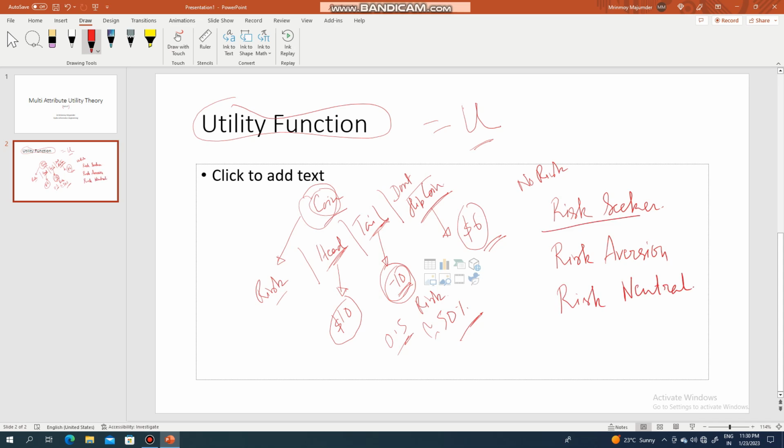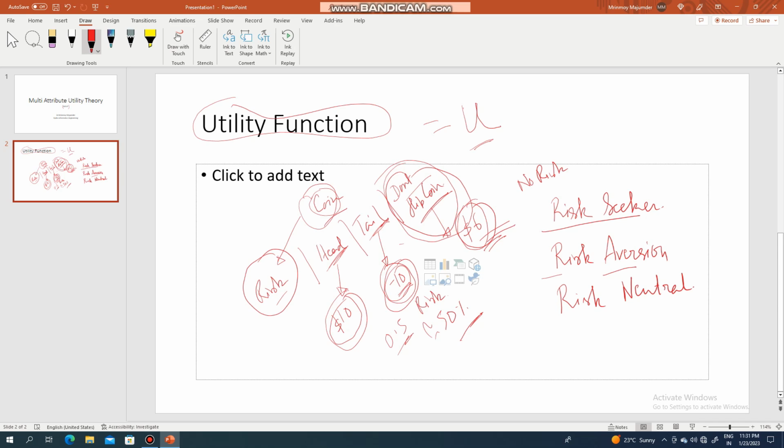So the risk seeker decides to take the risk, to flip the coin. There is a 50% chance that you will make profit, and 50% chance that instead you will make a loss. The risk averse person will decide not to flip the coin and will be satisfied with the $6 that he is getting.